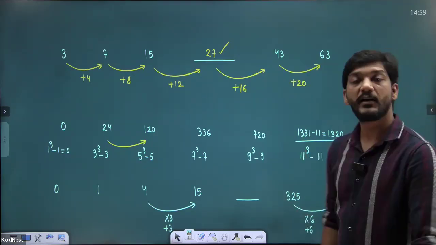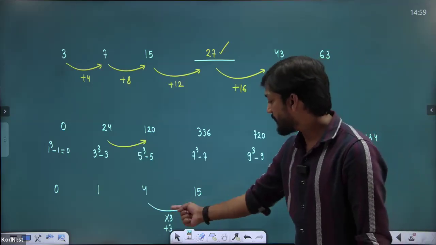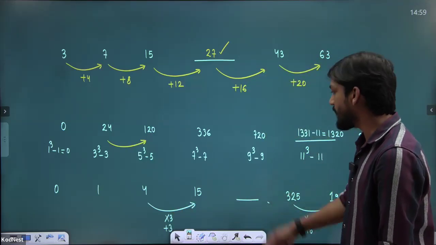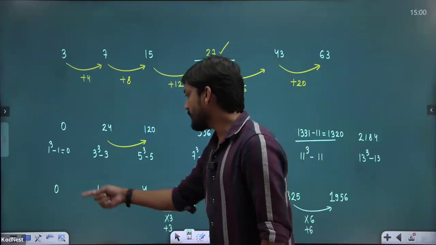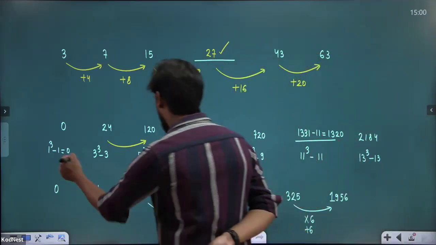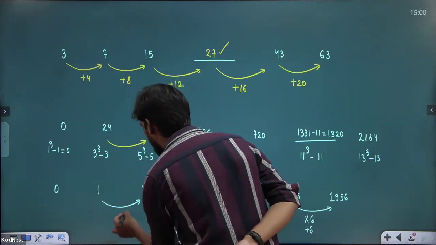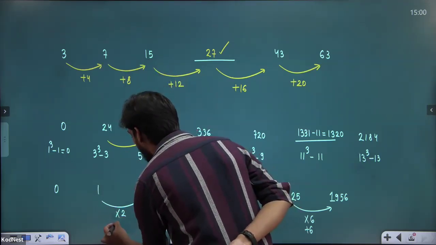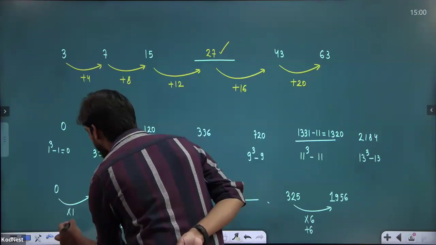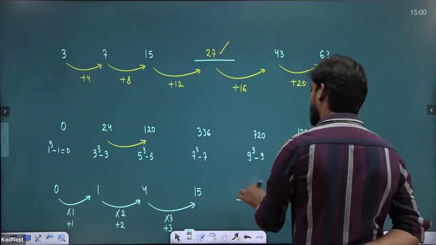So this way you will get an understanding, okay, it is multiply by 3 plus 3, multiply by 4 plus 4, multiply by 5 plus 5, multiply by 2 plus 2, multiply by 1 plus 1. So like this you will think.